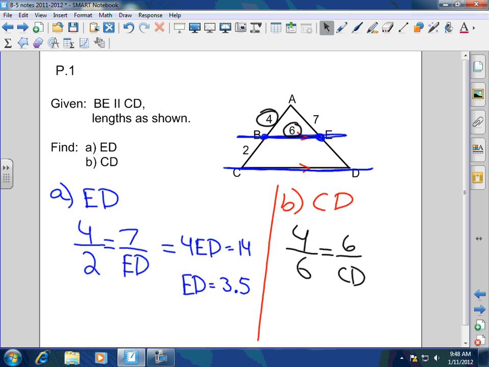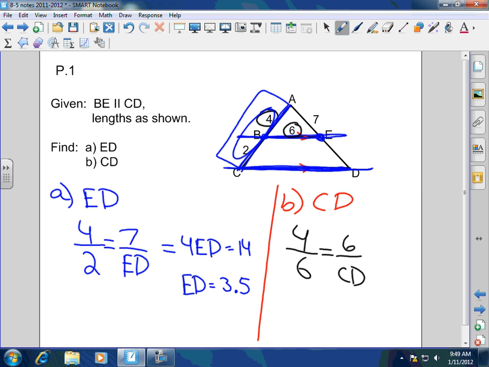Fantastic, son. The 6 from AC, the large triangle, to the corresponding side of BE, which is CD, the large part of the other side of the large triangle. Do you guys see how that is different than side splitter?